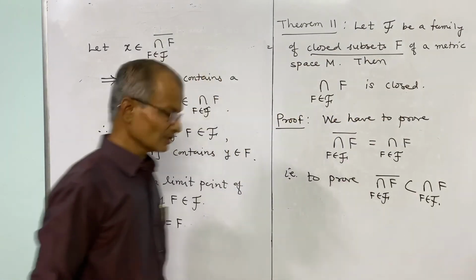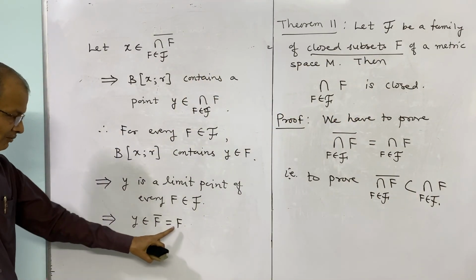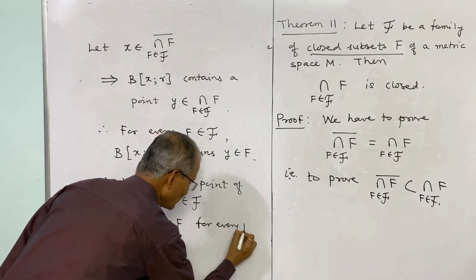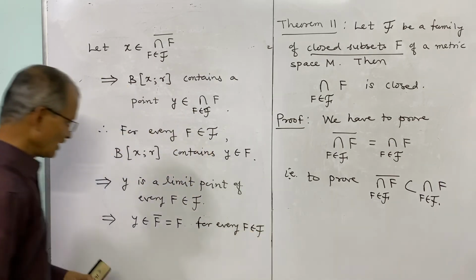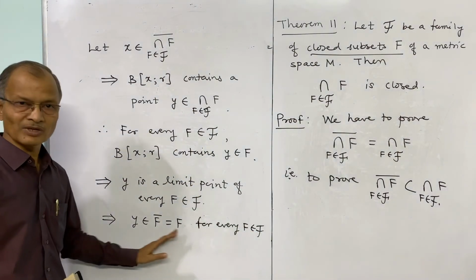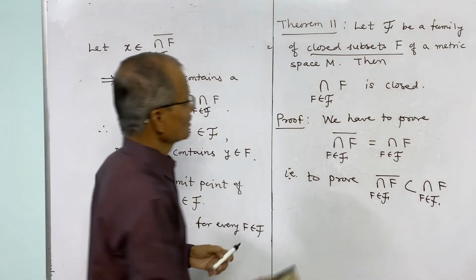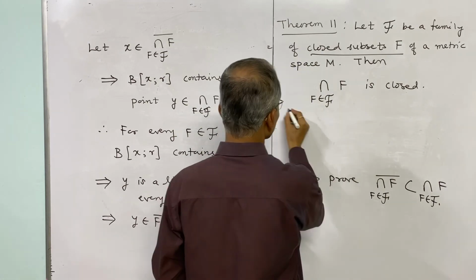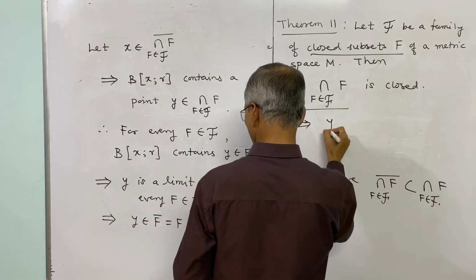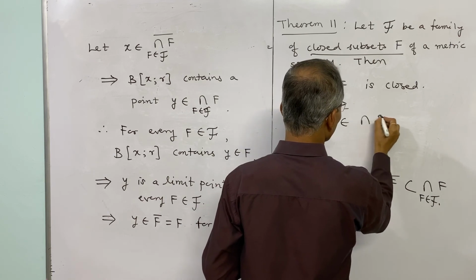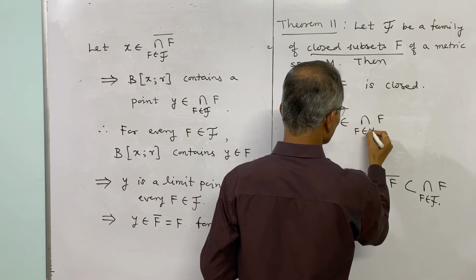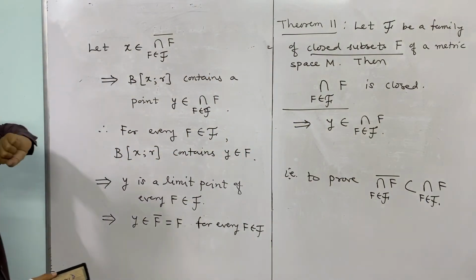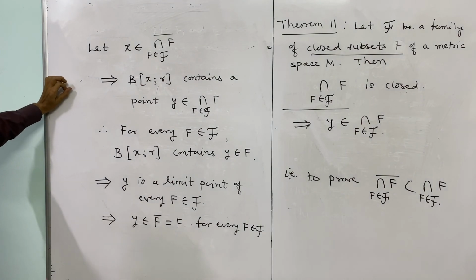F is closed means Y belongs to F bar, which is equal to F, for every F belonging to the family. Thus Y is in every F, which means Y is in the intersection of F, F belonging to the family.